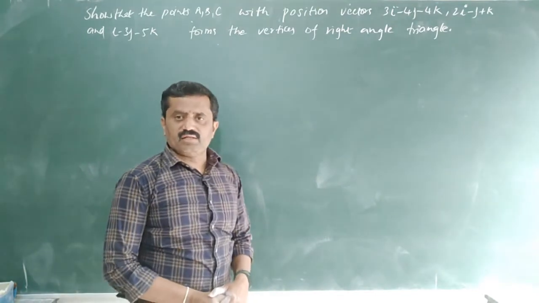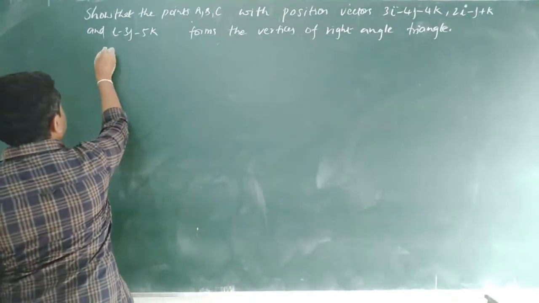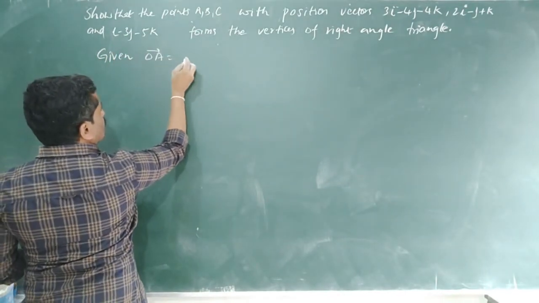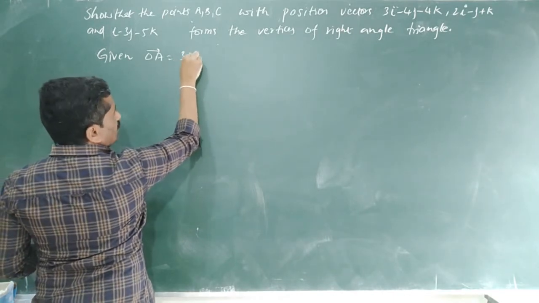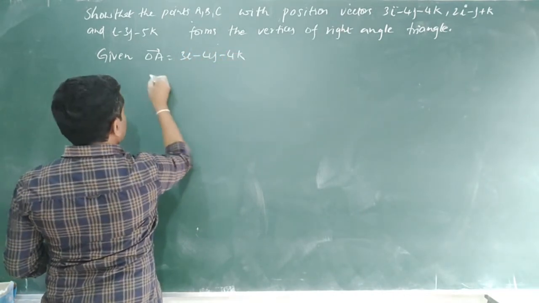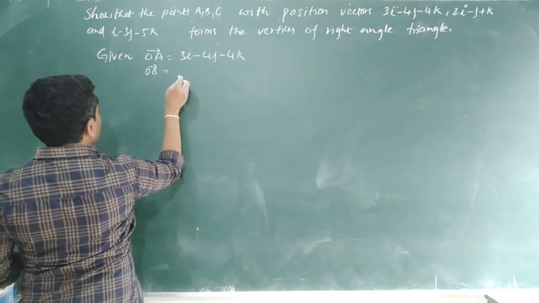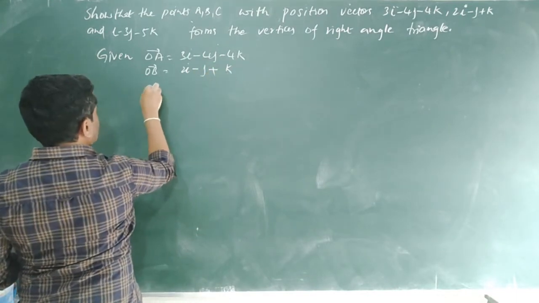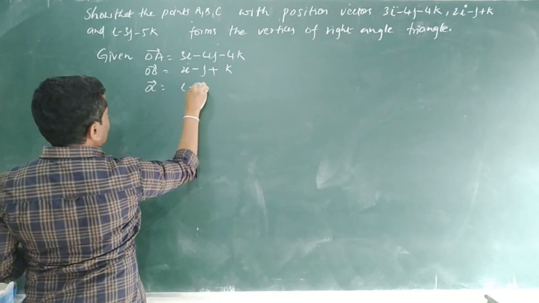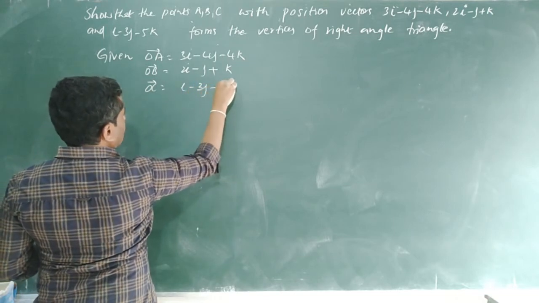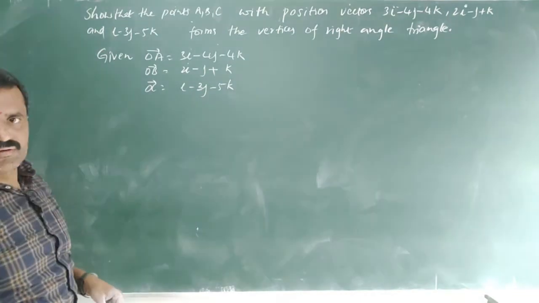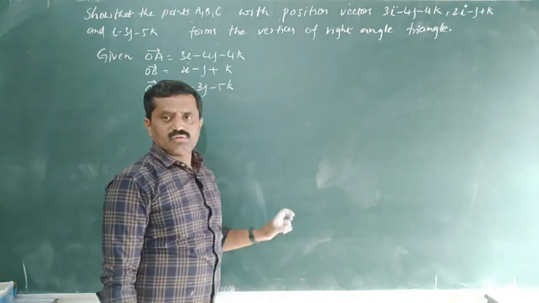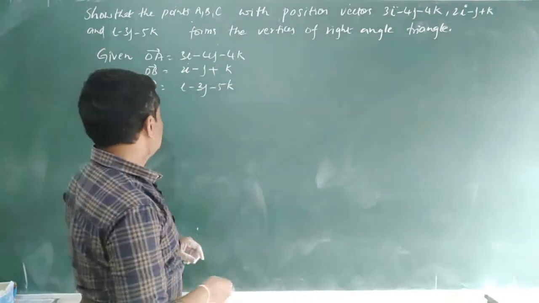So now, given OA bar is equal to 3i minus 4j minus 4k, OB bar is equal to 2i minus j plus k, and OC bar is equal to i minus 3j minus 5k. Here we have to show that the sum of squares of two sides of a triangle is equal to the square of the other side.